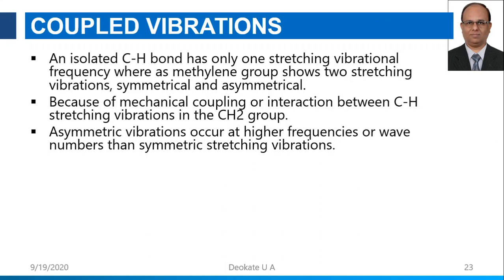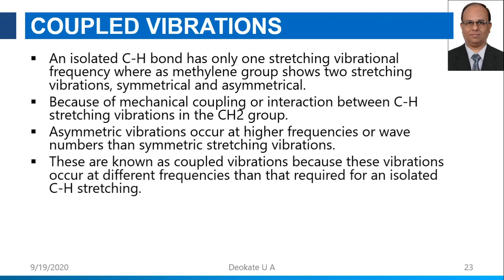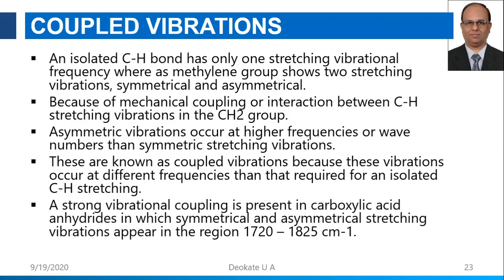So the positions will change depending on whether it is the asymmetric or symmetric vibration. These are known as coupled vibrations because these vibrations occur at different frequencies than that required for an isolated CH stretching. A strong vibrational coupling is present in carboxylic acid.